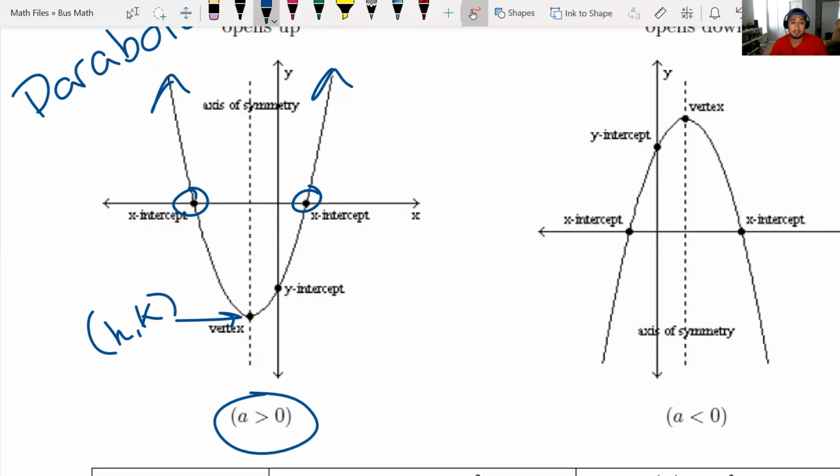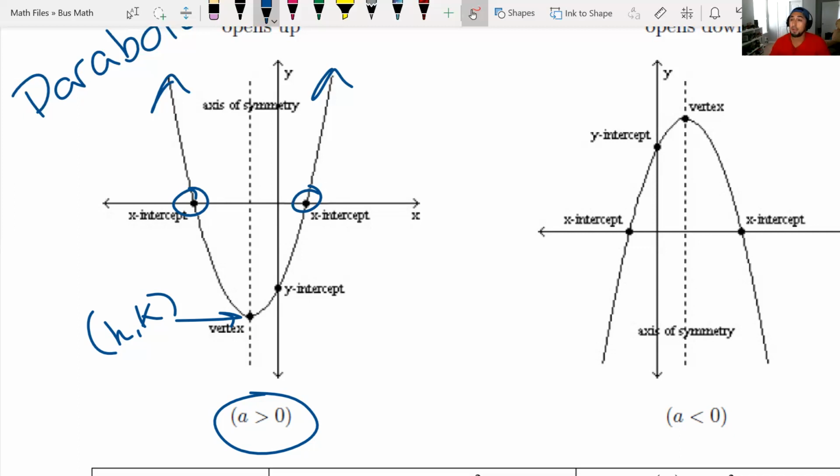So we can cross the x-axis twice, once, or not even cross it at all.